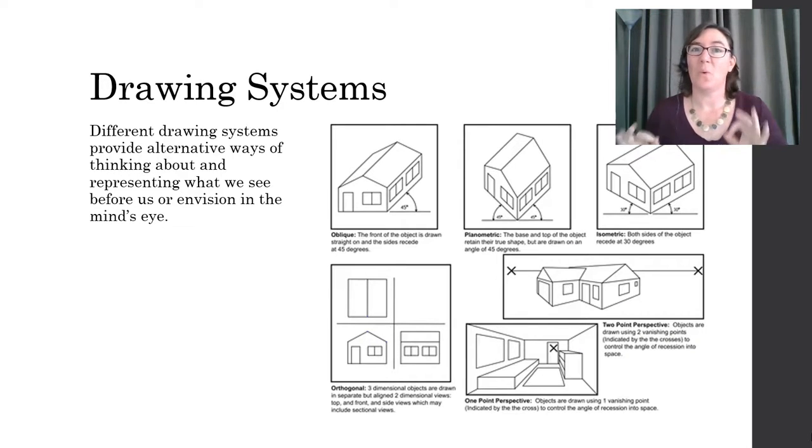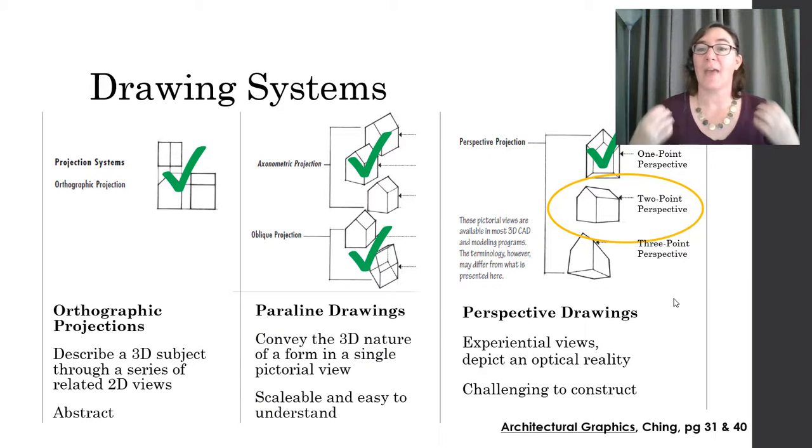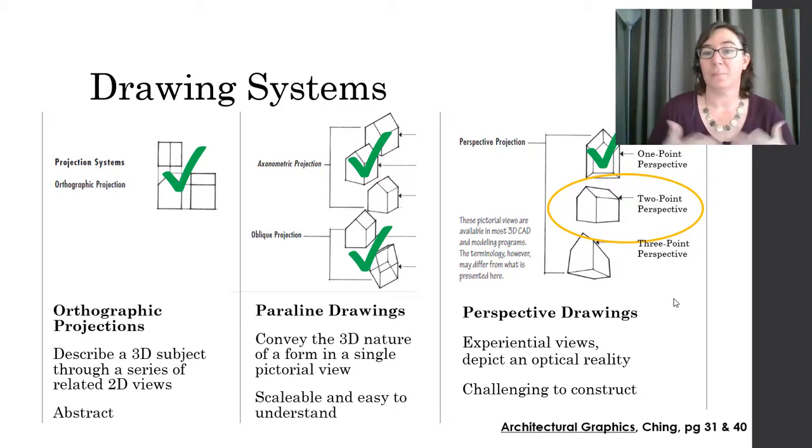In this class, as you know, we've been walking through a number of different ways to portray a three-dimensional object on a two-dimensional page. The two-point perspective system, shown right here, is our last drawing system of the semester. You'll remember that perspective drawing systems in general provide experiential views as a person sees a three-dimensional object.